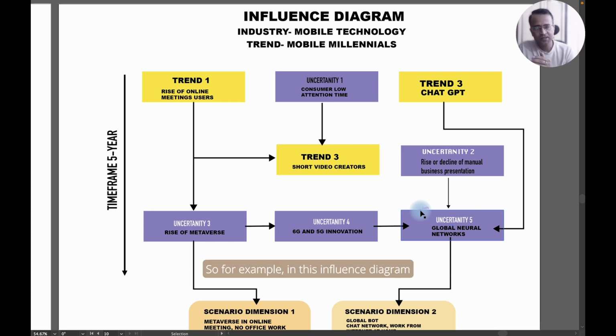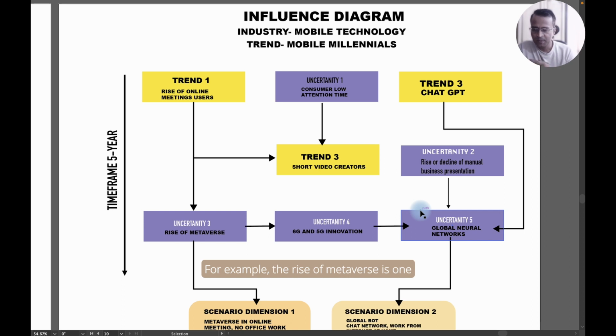For example, in this influence diagram, based on the 5-year time frame, you can look at these five uncertainties and cross them if they might be impacting your future scenarios.